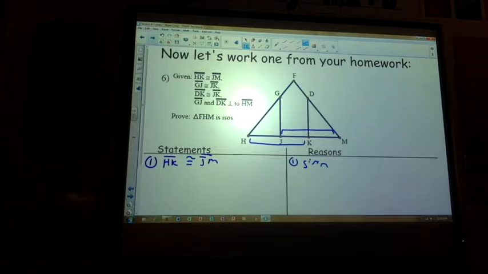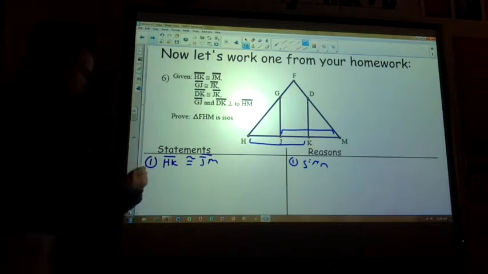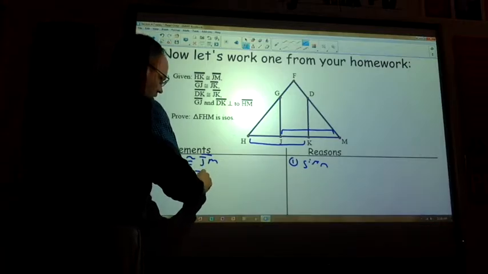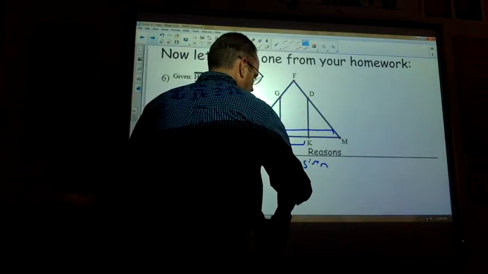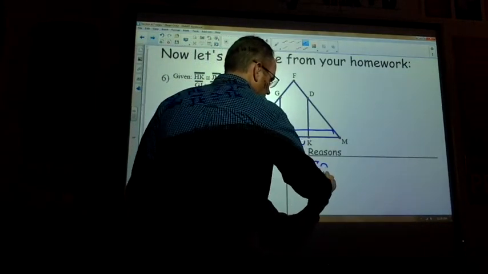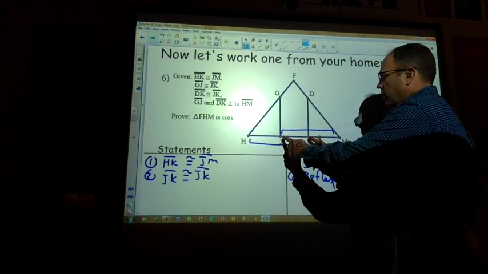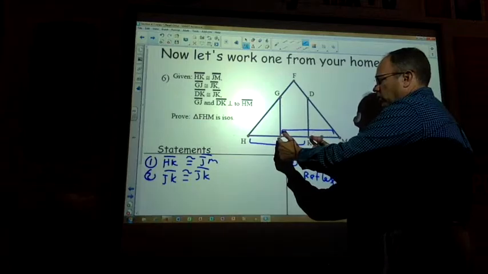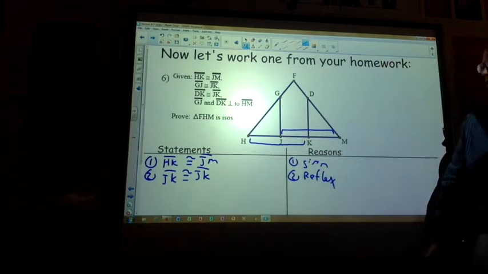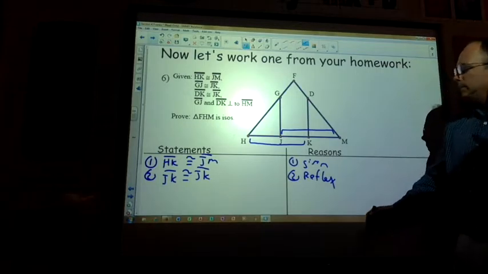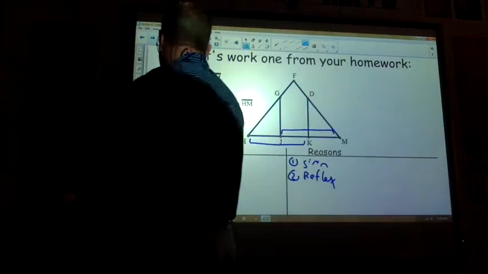Just from that first step, what can we prove? Is JK shared? Yeah. So I have reflexive. And if JK is shared, being reflexive, and this is congruent to this, and this is shared, what can we conclude? There you go. HJ and KM, good.